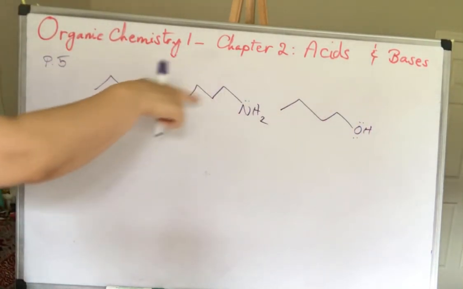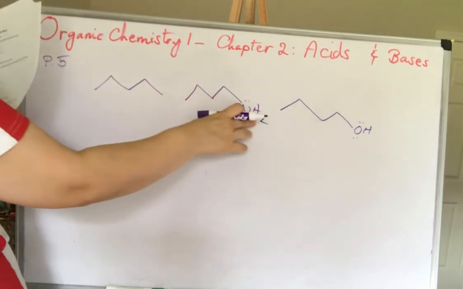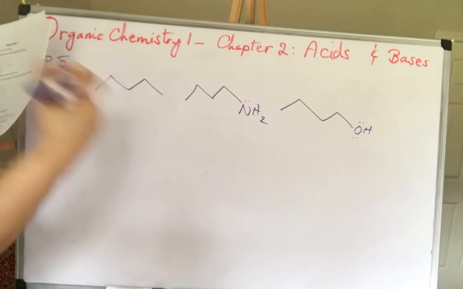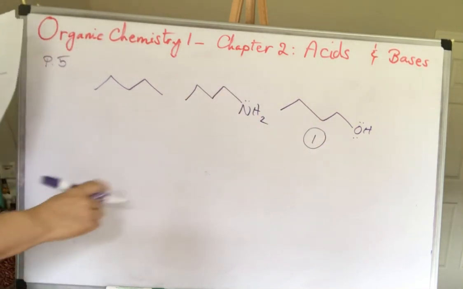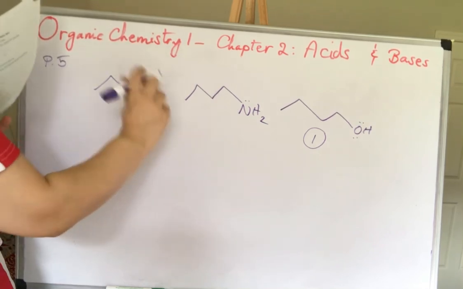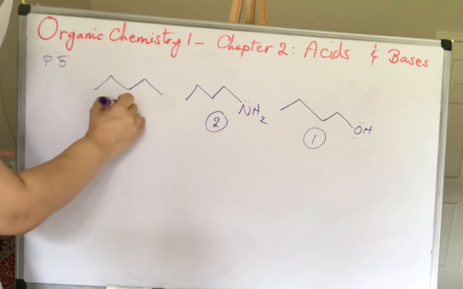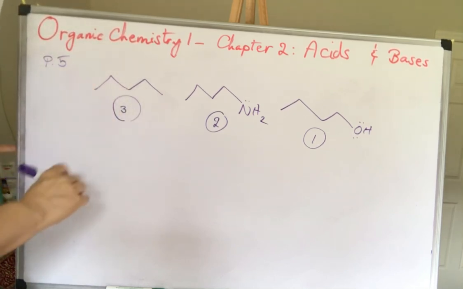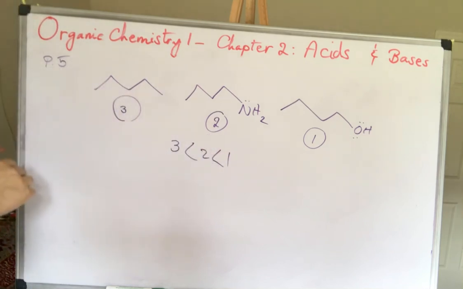We have 2 electronegative elements and one with no electronegative element. Between these 2 electronegative elements, which one is more electronegative? This one, right? So this is our number 1, most acidic. Another electronegative element not as strong as oxygen, that's the 3rd one. And alkanes, you remember, are the last. So 3, 2, 1. 1 is the most acidic.